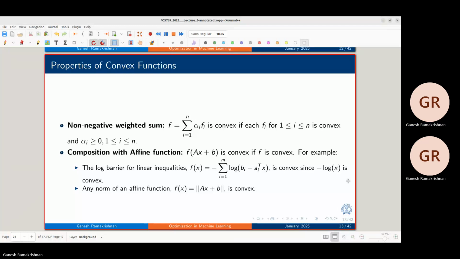The derivative should keep increasing, or the double derivative should be non-negative. But we'll see that later on. Let's do one thing at a time.